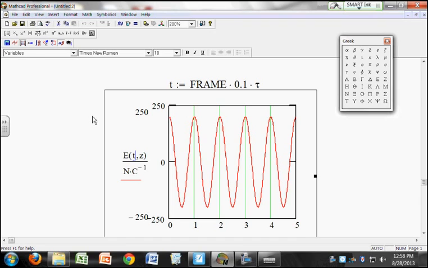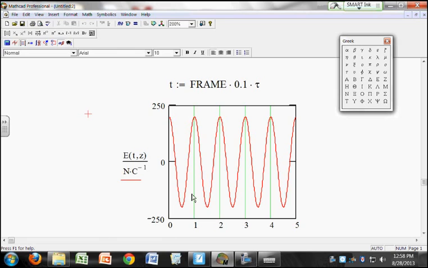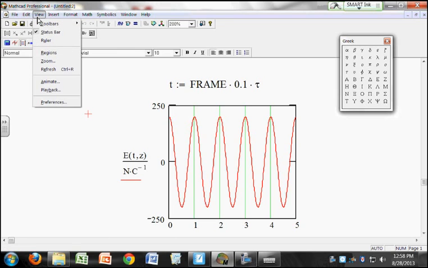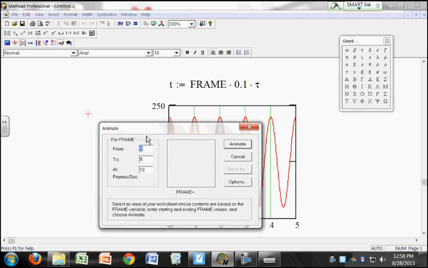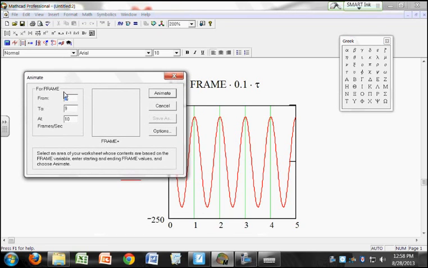Okay, so what I'll need to do is go to View, Animate. Okay, and you specify how many frames you want. Let's say we want to make 100 frames, and you want to see 10 frames per second.